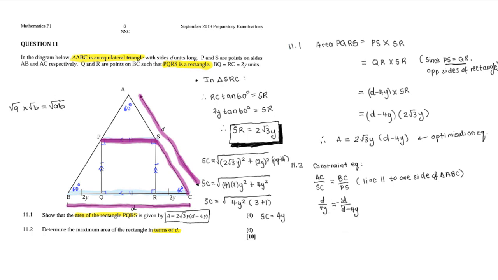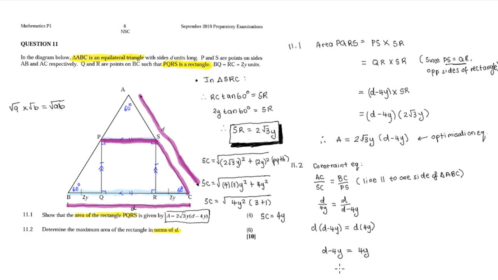Then we can cross multiply because we have two fractions equal to each other, giving us D into D minus 4y equals D times 4y. We can then divide both sides by D, which will leave us with D minus 4y is equal to 4y.